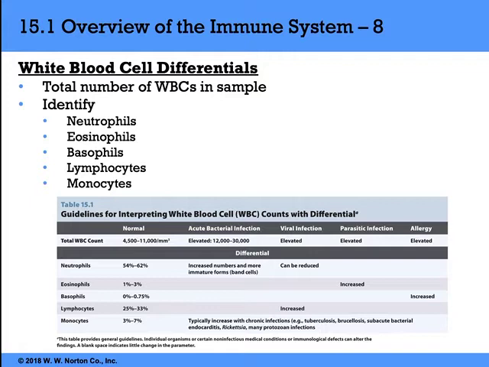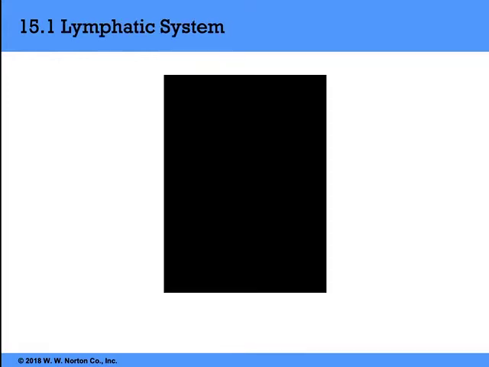And the result of that is that even though the white count is really high, their susceptibility to infection is also elevated. Okay, this can be inherited. This can be acquired. Okay, and the types of leukemias are generally based on the cell type that's produced in abnormal numbers.